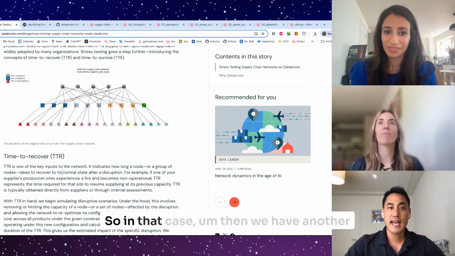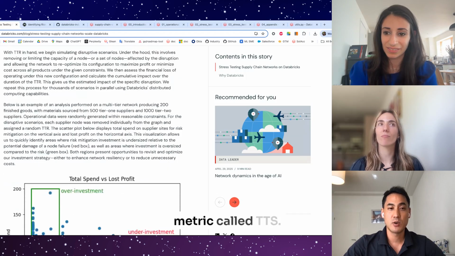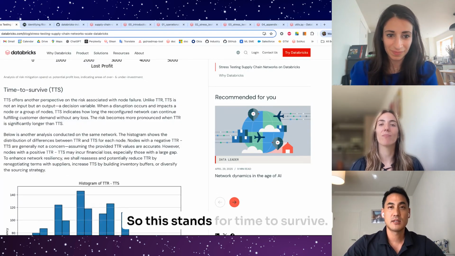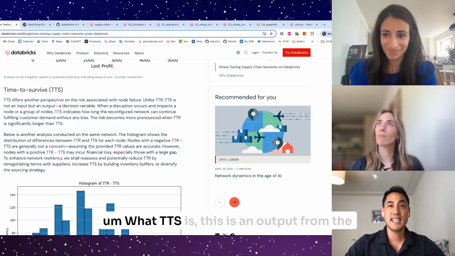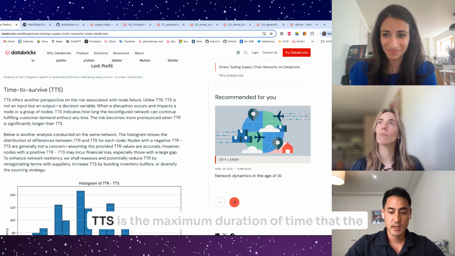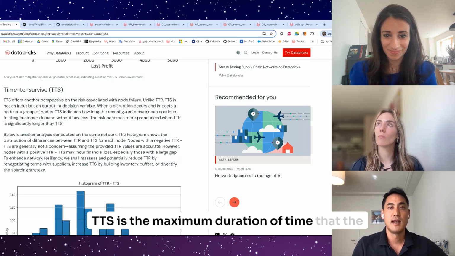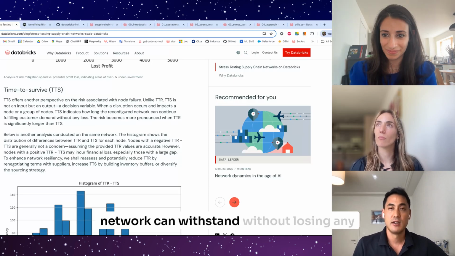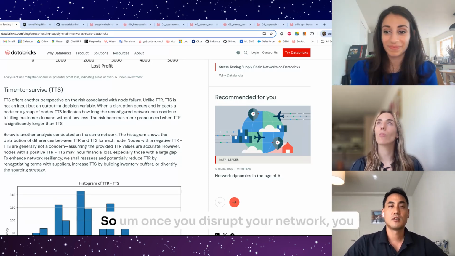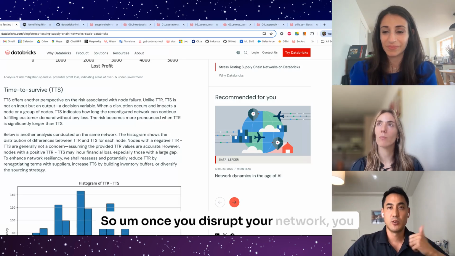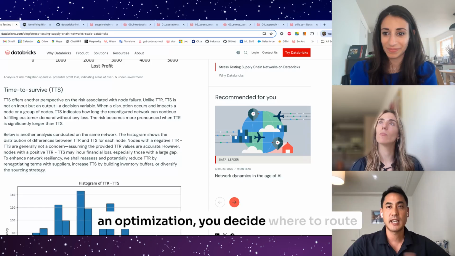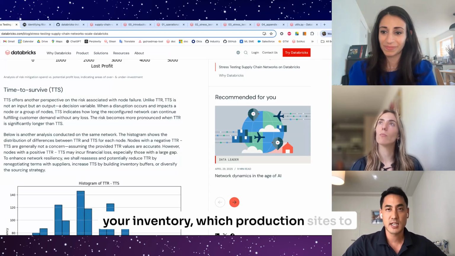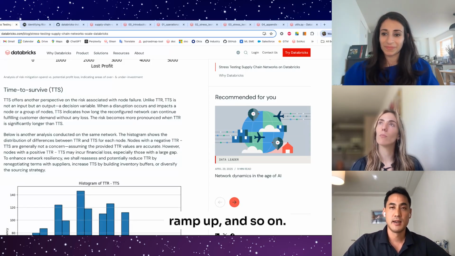Yeah. So in that case, we have another metric called TTS. This stands for time to survive. So forget about TTR for now. TTS is an output from the simulation. TTS is the maximum duration of time that the network can withstand without losing any demand. So once you disrupt your network, you remove a few nodes from your network, you run an optimization, you decide where to route your inventory, which production sites to ramp up, and so on.